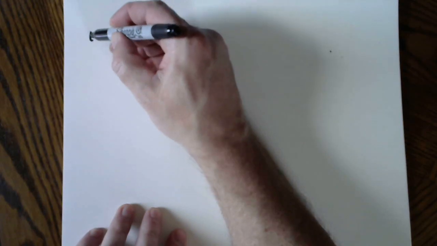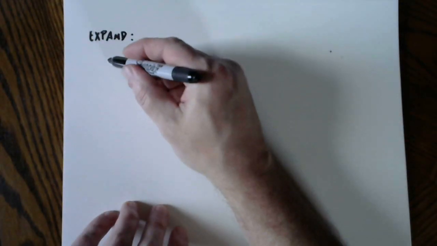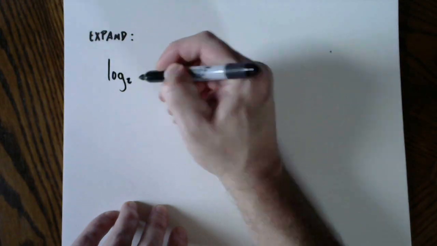I'm just going to do a couple examples of what's in the homework. It's pretty straightforward, but just so you can see them. We're going to go both directions. Expand. So I'm going to expand, and the base is really irrelevant. I'll just make it 2 since it's easier to write.